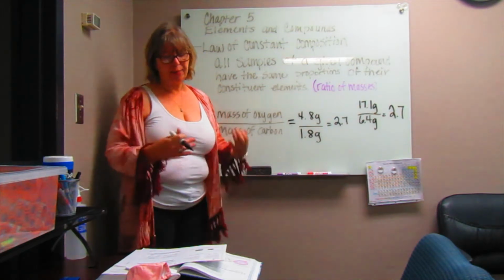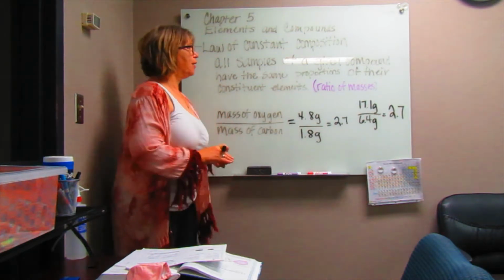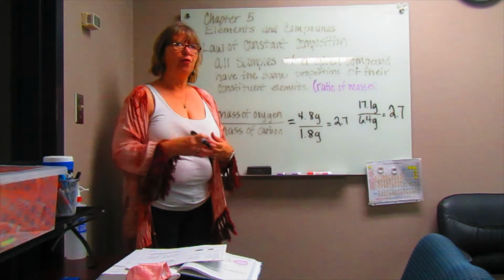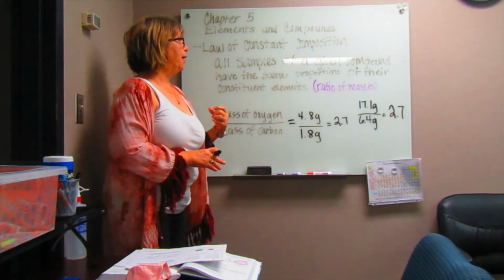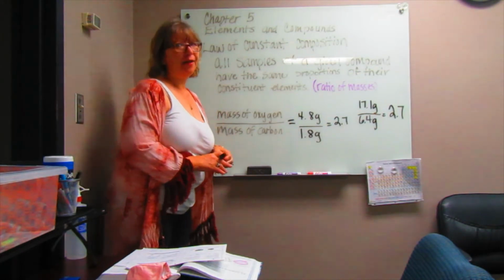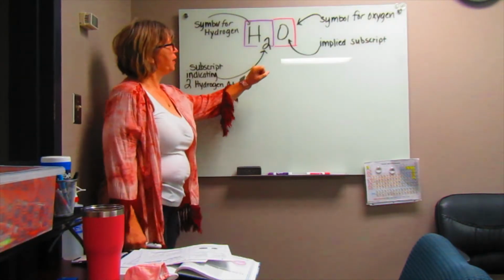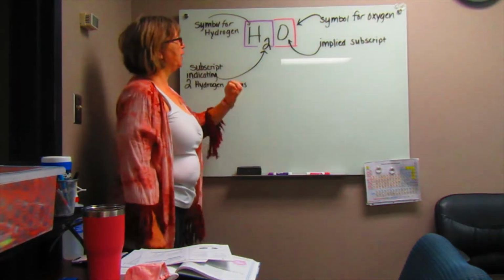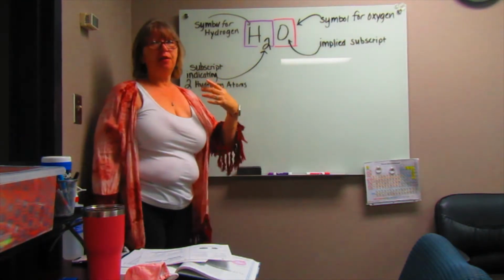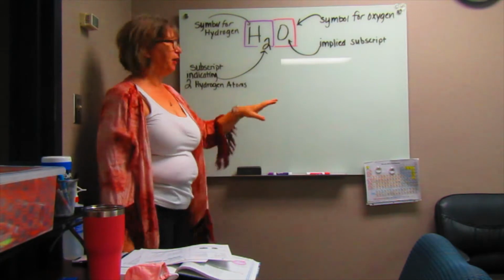Let's take a look at a couple of other things. We're going to take a look at chemical formulas and talk about the different parts of a chemical formula, different parts of a compound. What I put on the board here is the chemical formula for water. Let's break it down and look at what is included in this particular formula.